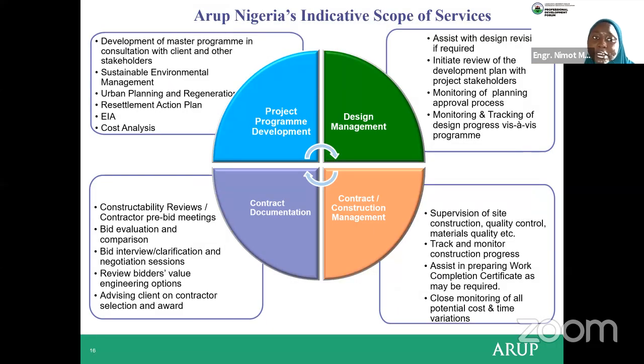Now, civil engineering has a lot of aspects. On a broader view, you see projects and program development, and contract documentation. What that means is that from the onset, the design phases begin with the scheme.